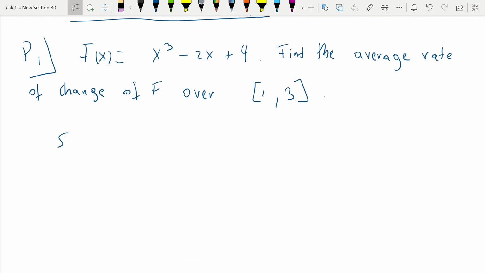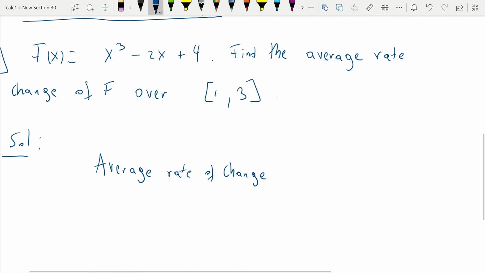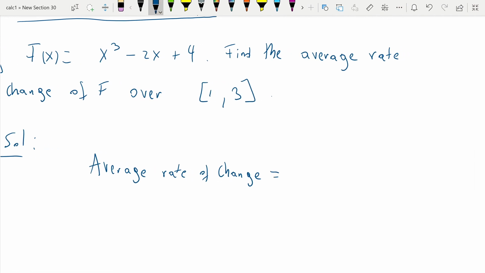So remember that the average rate of change is just a measure of how quickly a function changes over an interval on average. Okay, so that's defined as the total change in f due to a change in the variable.